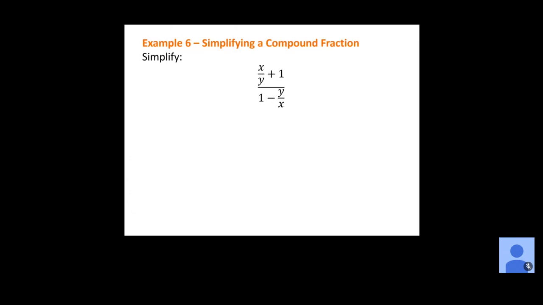So this will be an example of a compound fraction. In this example, we have a fraction in the numerator and a fraction in the denominator. So in this case, we've got to get rid of both of those fractions. All right, so if we focus first just on the numerator fraction, if I wanted to get rid of that fraction somehow, what could I do?